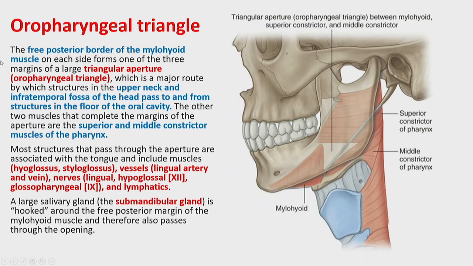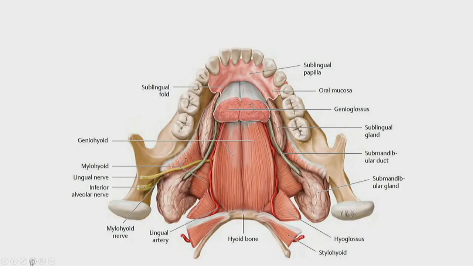Through this triangle pass two muscles that we already mentioned, hyoglossus and styloglossus, the vessels, the lingual artery and vein, the nerves, lingual, hypoglossal and glossopharyngeal, and lymphatic vessels. So those are important. And through the posterior free margin of the mylohyoid passes the hooked or anterior process of the submandibular gland, which is very nice.